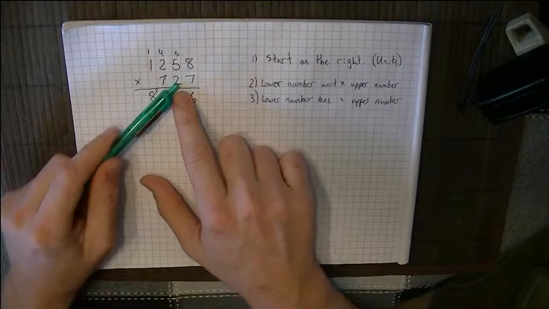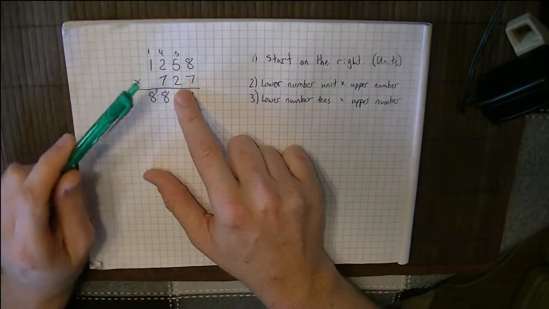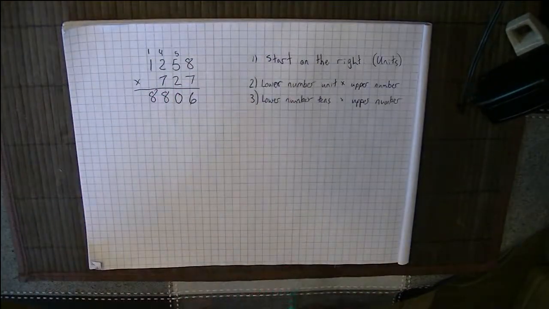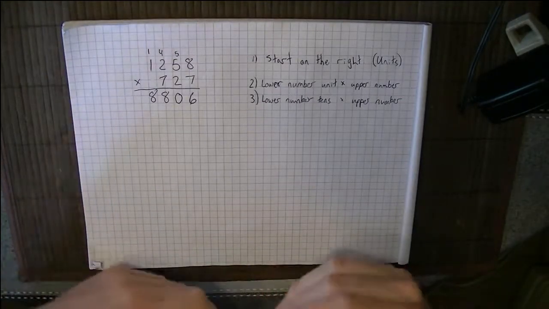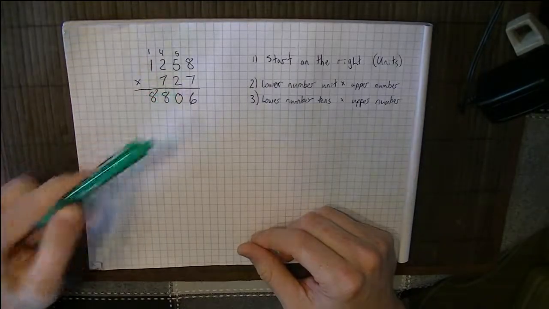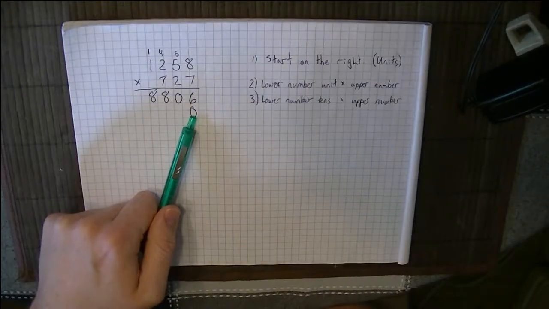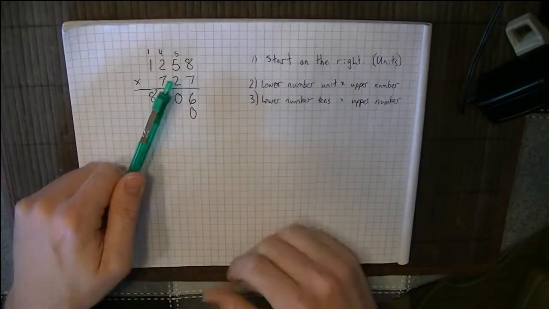So remember, this is saying 727. So what I'm looking at now is I'm going to multiply by 20. So I'm multiplying by 20. If I multiply anything with a factor of 10, there will be a 0 that we begin with, and then it's just a matter of multiplying by 2.